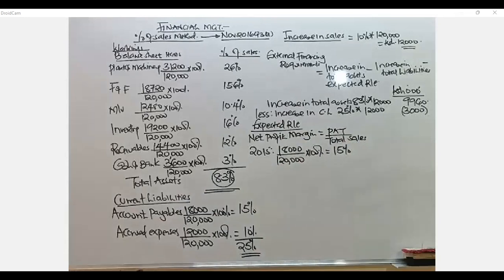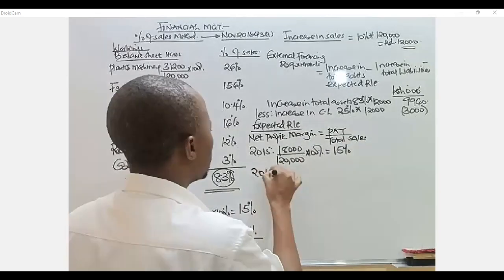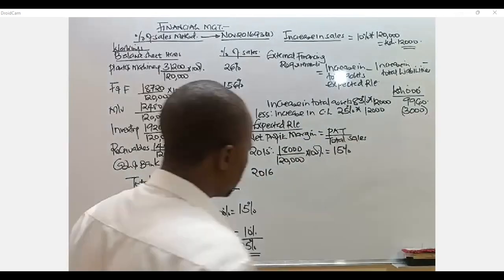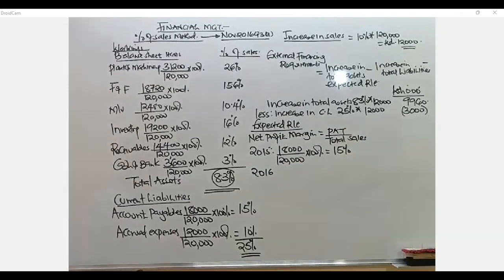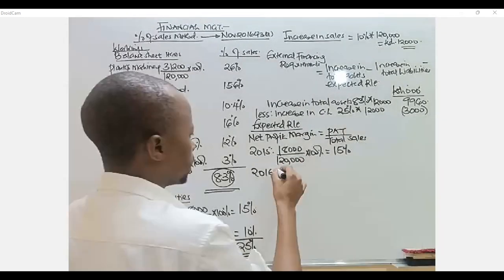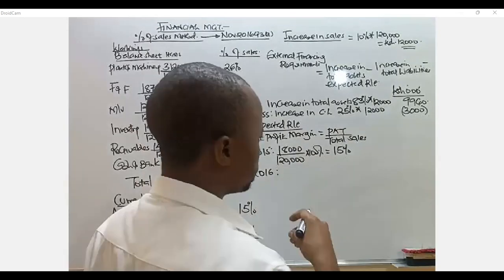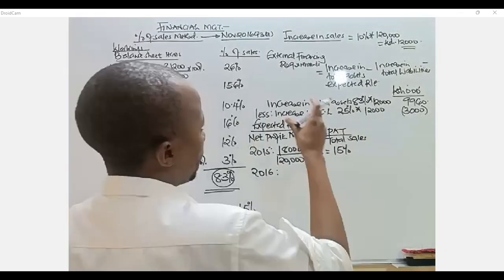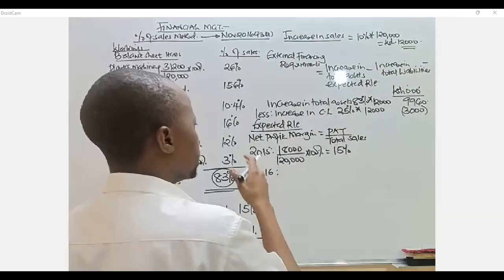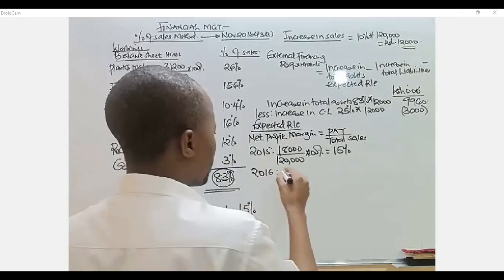Now, in this case, we understand very well because we have already determined the net profit margin for the year 2015. It means for 2016, we don't know the profit after tax, but we can be able to get it because when we were opening the year 2015, we had only two things here. We had the total sales, because we have some speculation for the increase in the total sales by 12,000, and then we have the current net profit margin, which is equivalent to 15%.